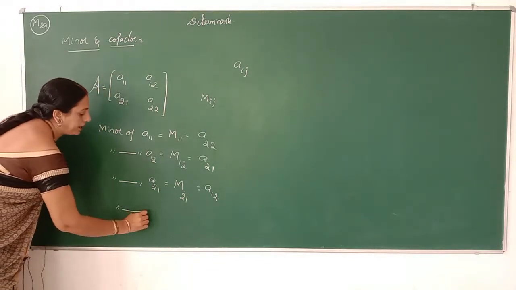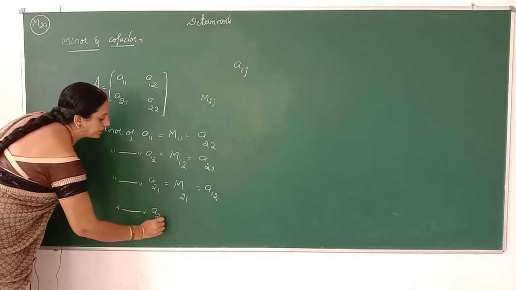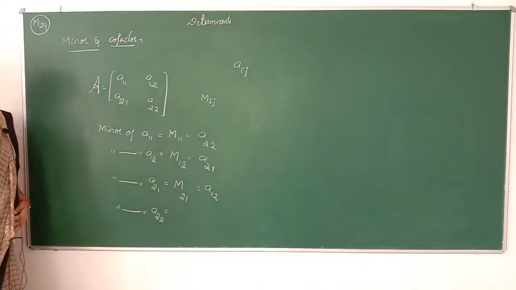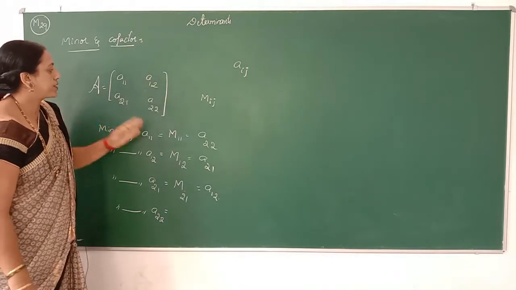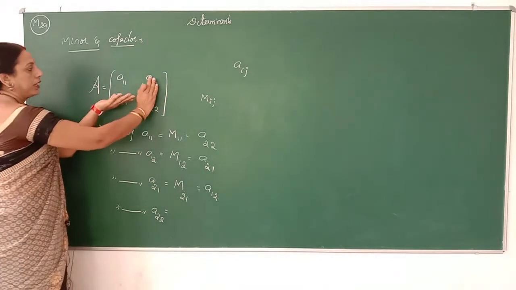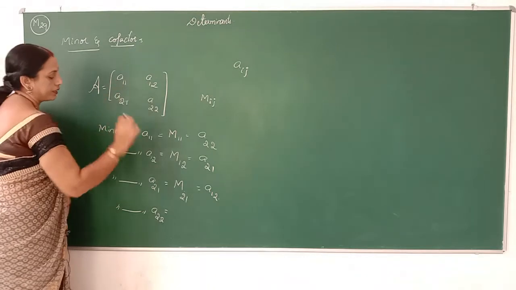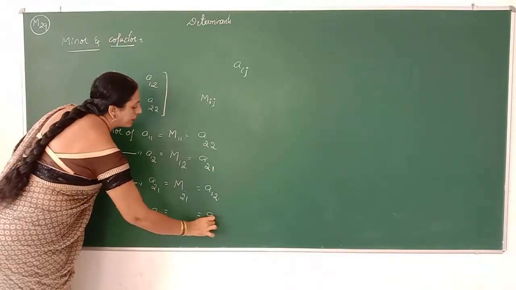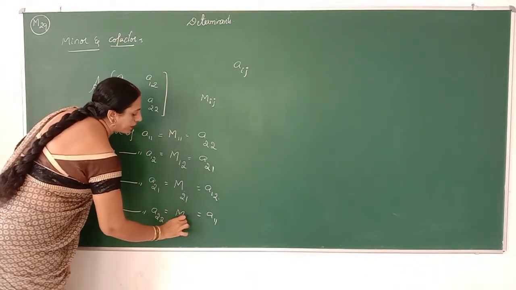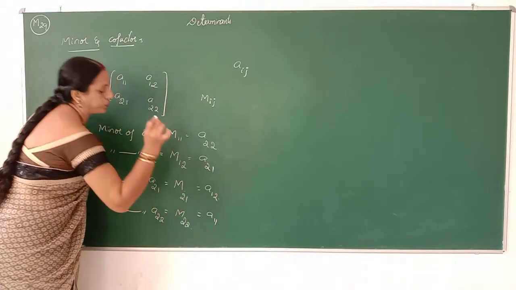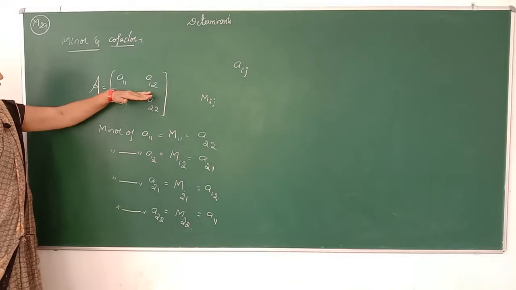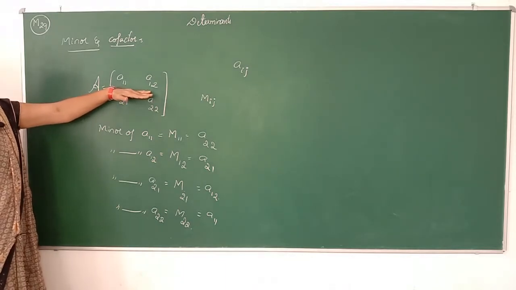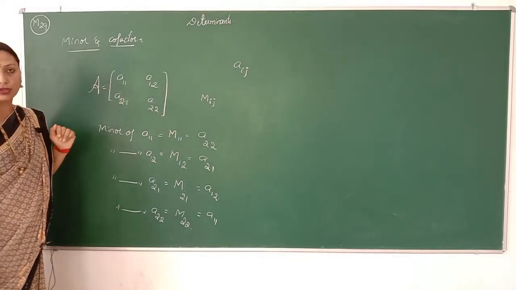Similarly, the minor of A22. A22 is an element of the second row, second column, and these are neglected and the remaining element is nothing but A11. That is denoted by M22. These are called the minors of the elements of the square matrix A of order 2 cross 2.